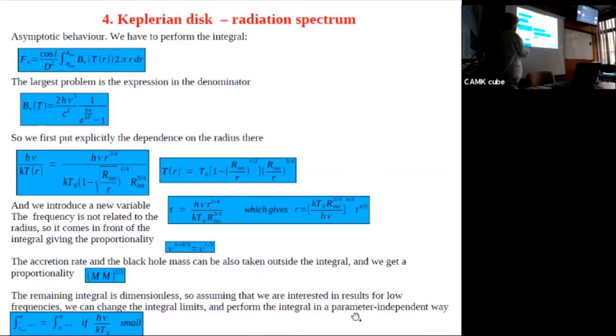So you have to calculate the radius as a function of this parameter, and it's this kind of a power law. And you have R dr. So you have a complex power law containing t, then it's t dt divided by e to t minus 1, but that looks kind of dimensionless, right?